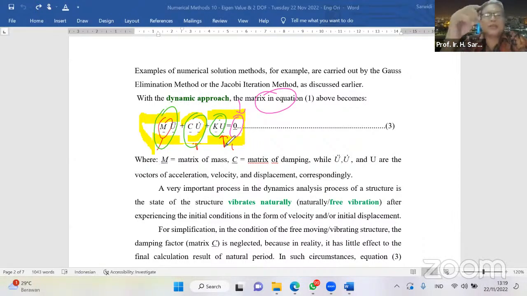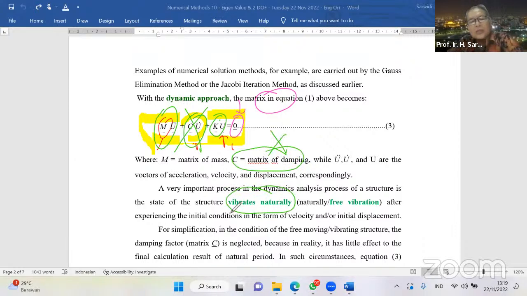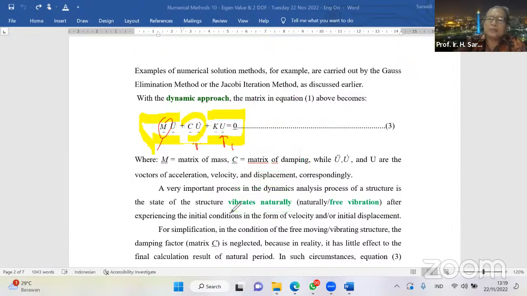Of course these are all matrices, but we would like to skip the damping value first. We skip the damping matrix to study the structure that vibrates naturally, which we call the free vibration condition.